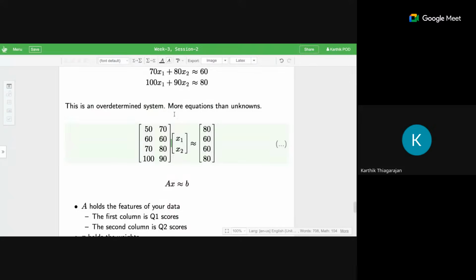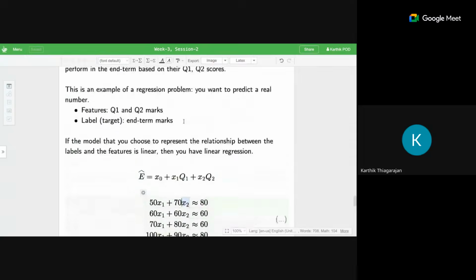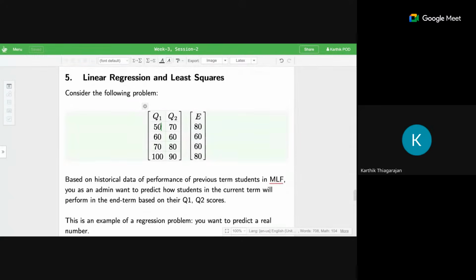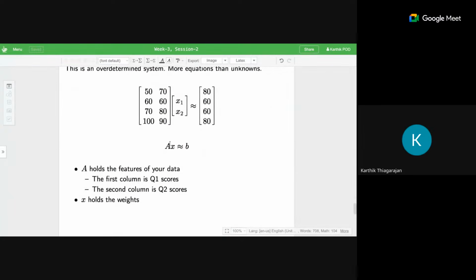So what is the weight telling you? It's telling you how important quiz 1 is in helping you predict the label, and how important quiz 2 is in helping you predict the label. In some terms, it could be that quiz 1 is a very good predictor of the end term; in other terms, both quiz 1 and quiz 2 could be equally important. Depending on that, X1 and X2 will change, so that's what you have to find.